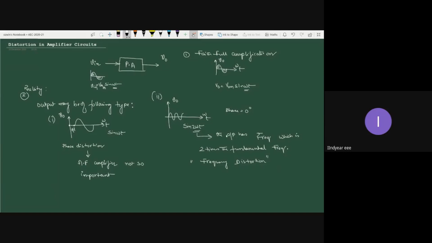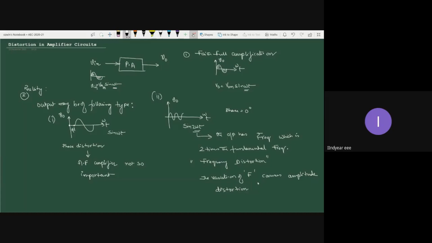On the other hand, frequency distortion is very, very important, because the variation of frequency, in short F, causes amplitude distortion. So that's the reason the second part is very, very important.